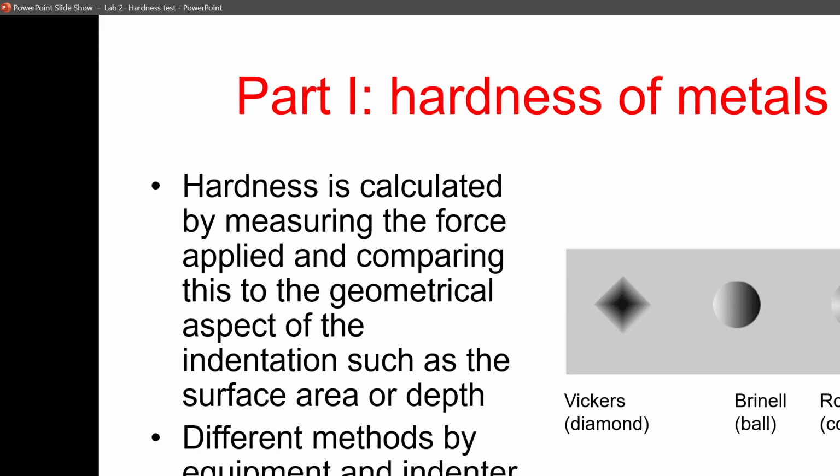For the Brinell, we essentially press a ball onto your ductile material, and for the Rockwell test, we press a cone onto our material. What we're going to do with these is measure the length or the diameter of the indentation that we have created. And based on this measurement and an equation, we're going to calculate the hardness of that material.